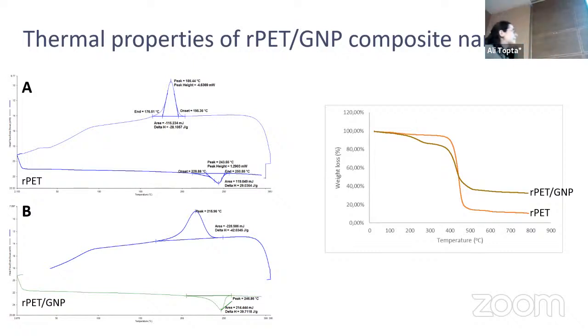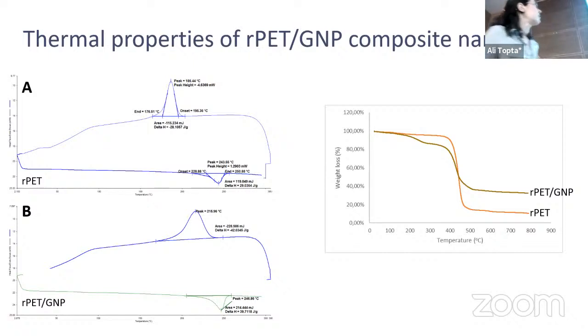From the DSC, the melting point of the composite nanofibers was not affected, but the crystallization temperature was increased with the incorporation of graphene nanoplatelets, and this can be due to the pronounced nucleation with graphene incorporation.